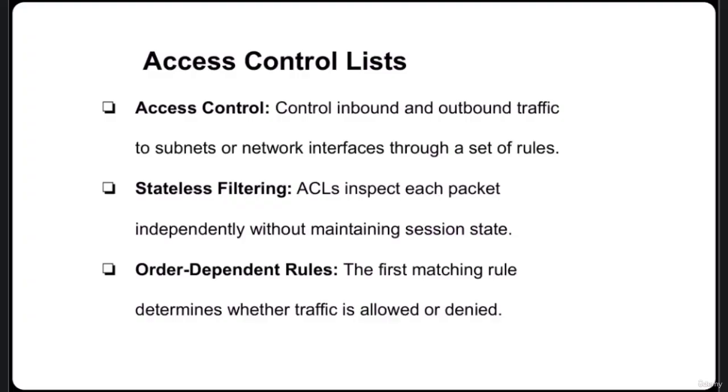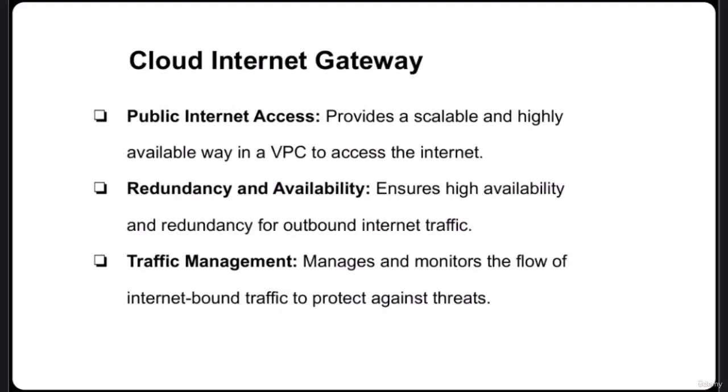Next is a cloud internet gateway. And a cloud internet gateway is going to be how the users within a virtual private cloud can access the public internet. On local area networks, we have our router devices, which are going to be the access point for sending or receiving traffic to external networks and the public internet.